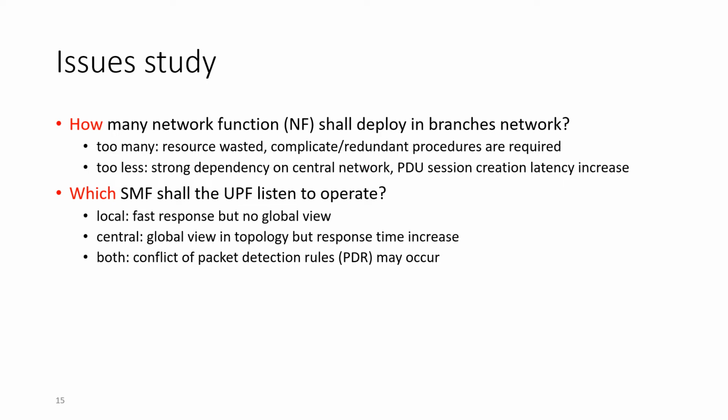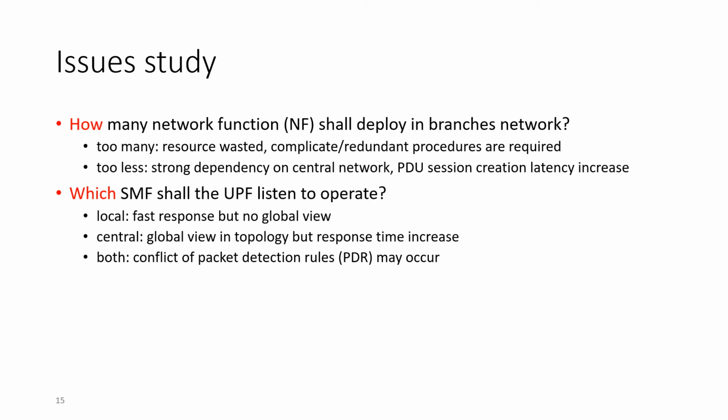Again, if we deploy multiple SMFs, like one SMF in the central and one SMF in the branch, then the UPF has difficulty listening to the SMF. If we put the SMF in the local branch site, the response is very fast, but we don't have a global view.